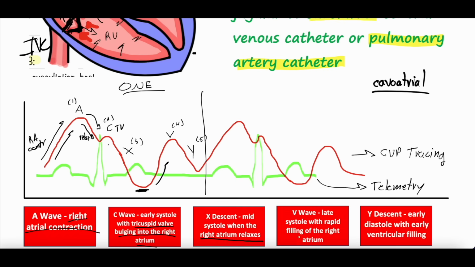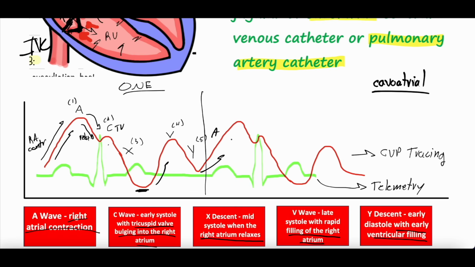All right, so late systole with rapid filling of blood into the right atrium. That's the V wave. And then the Y wave is early ventricular filling. It's early diastole with early ventricular filling. That valve started to open up. The right ventricle is starting to fill with blood. And then it's right before the atrium then contracts again. And that goes back into the A wave.